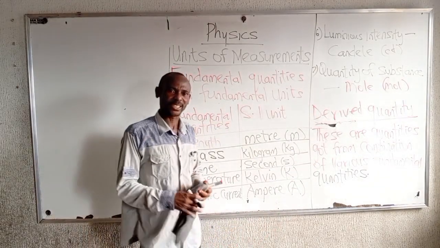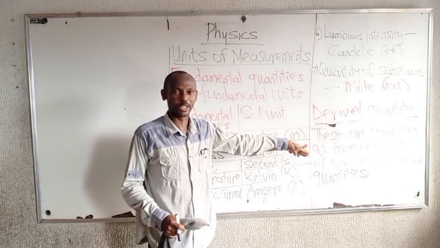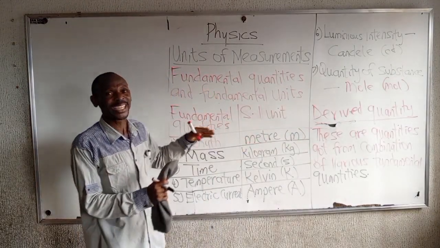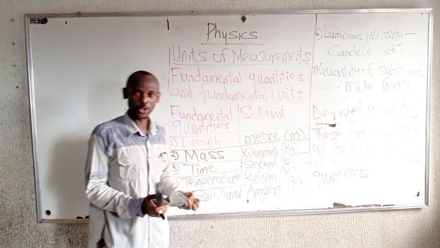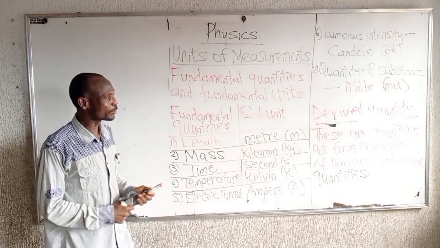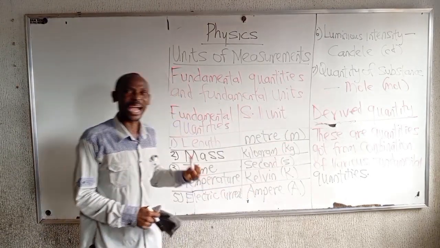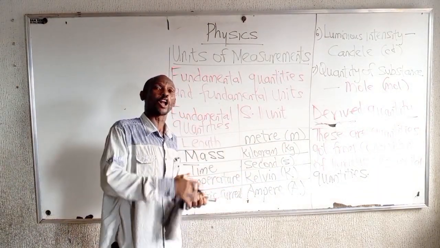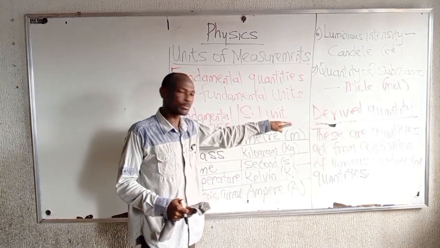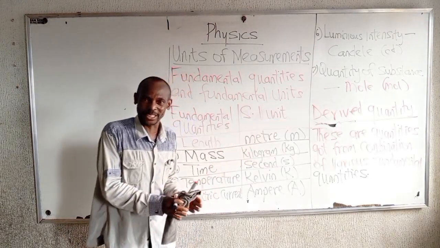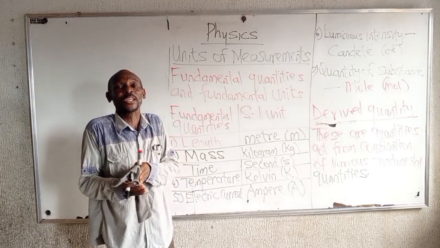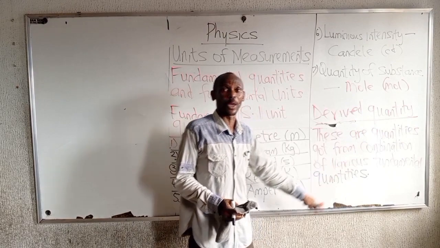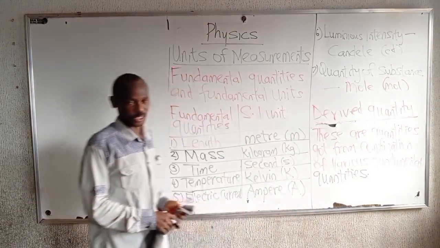And the units of these derived quantities, we can refer to most of them as derived units. So we have derived quantities and we have derived units. But we also have what we call our SI units. The SI units may be different from the derived units of a particular derived quantity.